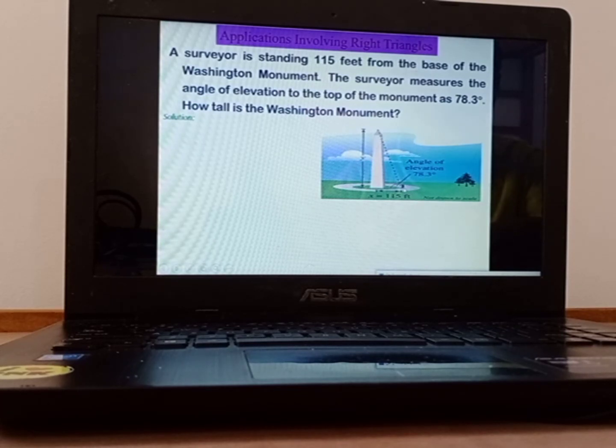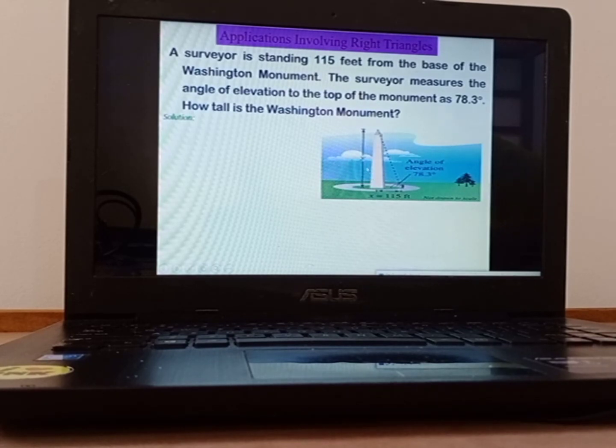From the place of the surveyor to the base of the monument, the distance is 115 feet. The question is, how tall is the monument, or what is the height of the Washington Monument?